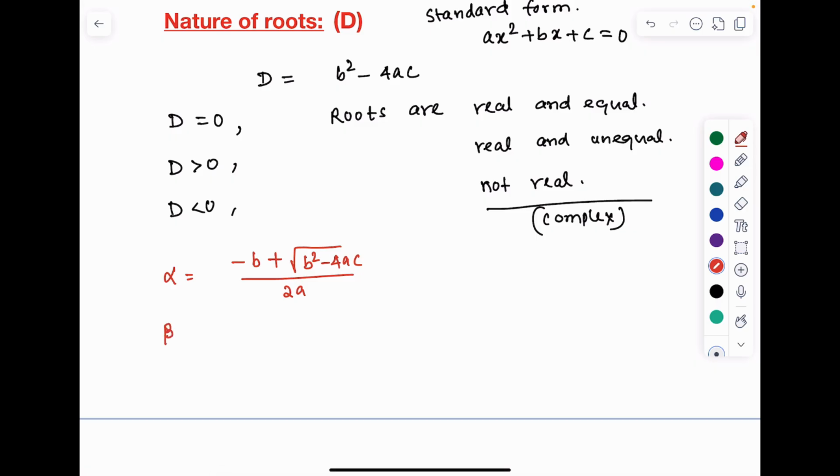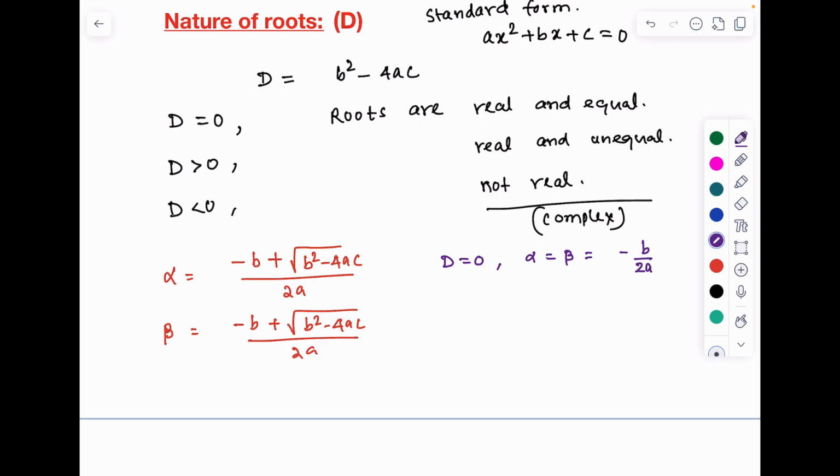And here, if b square minus 4ac is equal to 0, then we will have alpha is equal to beta, or D is equal to 0. If D is equal to 0, alpha is equal to beta is equal to minus b by 2a.